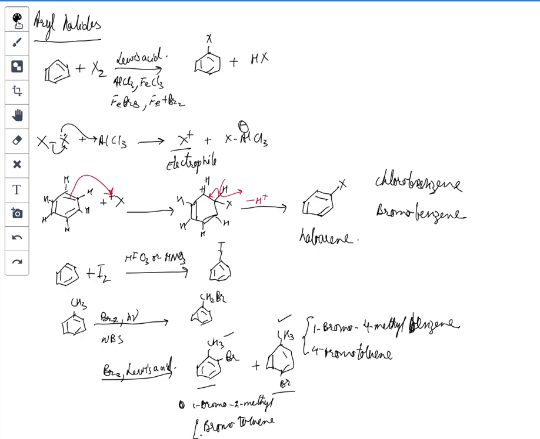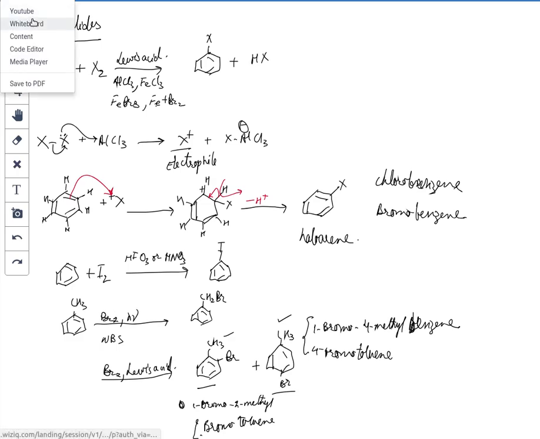Is it clear? Now, one thing more you need to understand: if we use benzene and we react it with Cl2 in presence of light, then in that case, rather than having a free radical substitution or an electrophilic substitution, we end up with a free radical addition reaction. And that free radical addition reaction is going to have this kind of structure.